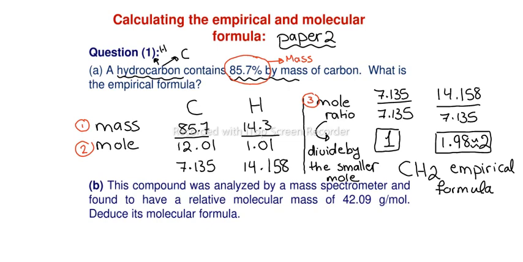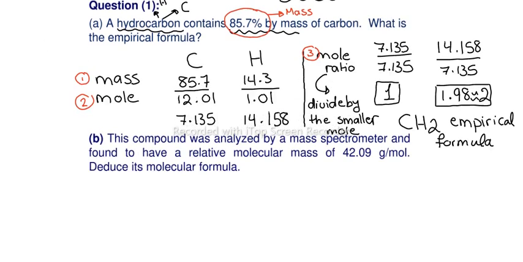The second part of the question is to learn how to find the molecular formula, which is the actual formula of the molecule which is given. According to the question, we calculated in A the empirical formula. So let's look at part B. This compound was analyzed by a mass spectrometer and found to have a relative molecular mass of 42.09 gram per mole.